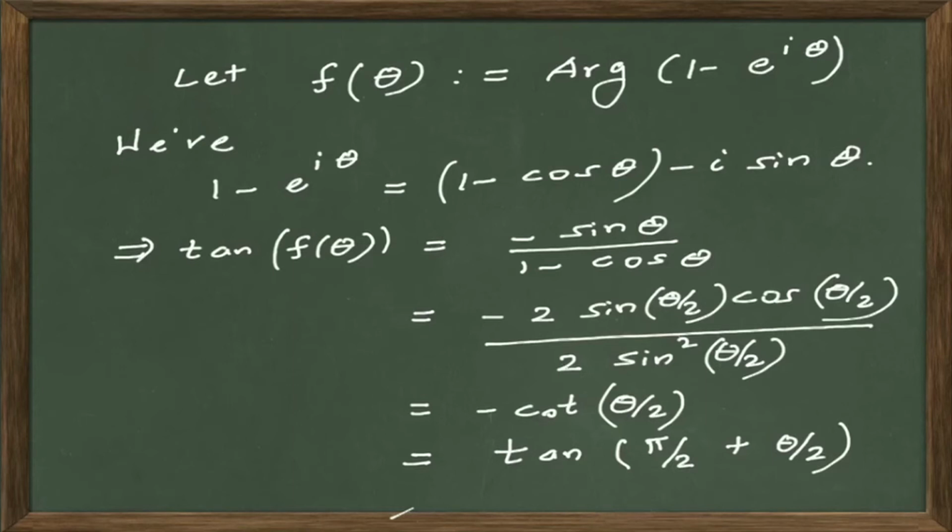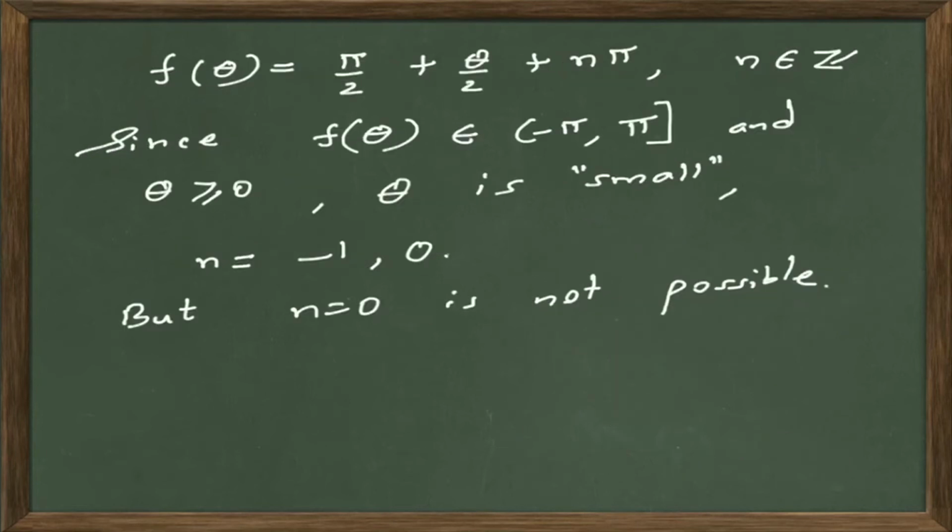But it is clear from the equation double star that the x coordinate of the complex number 1 minus e^(i theta), which is equal to 1 minus cos theta, is non-negative, and hence we exclude the possibility for n equal to 0.